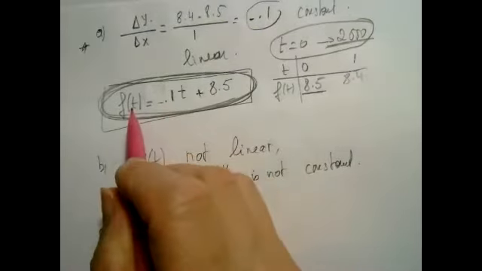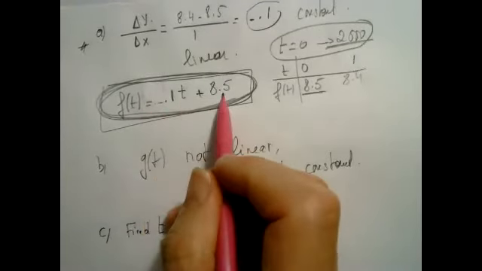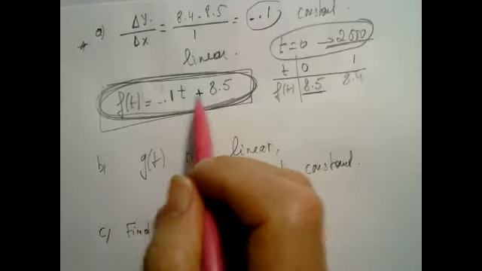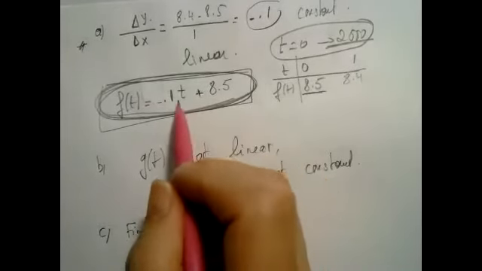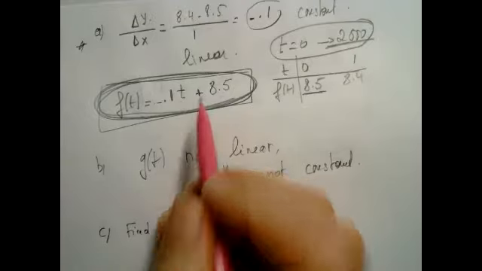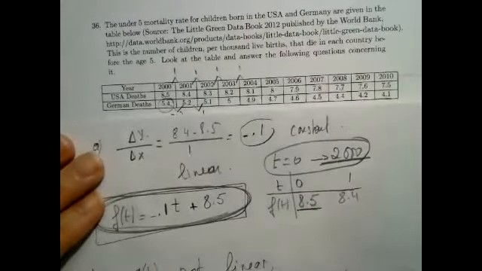F of t is the mortality rate for us. At t equal to 0, the mortality rate is 8.5. At t equal to 1, the mortality rate went down to 8.4. At t equal to 2, it went down by another 0.1, so we're at 8.3. And the question is, when will we have the same mortality rate as Germany in 2000?